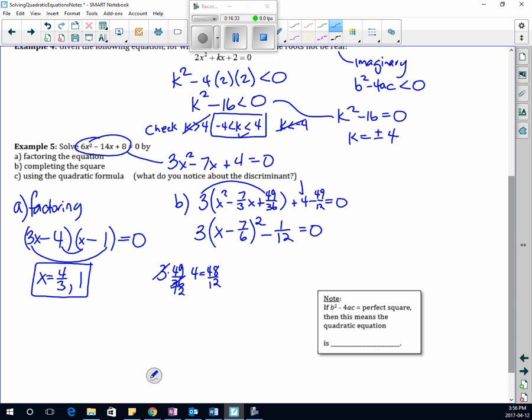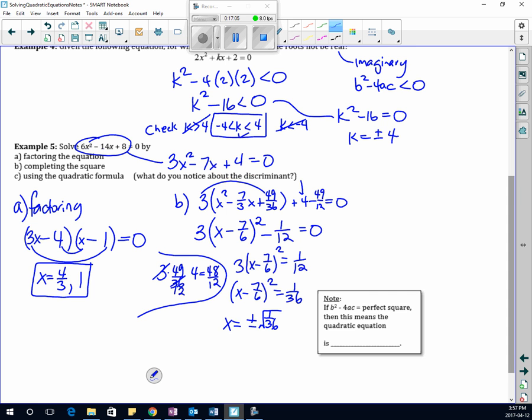Now I still have to solve, so I've got to move the 1 over 12 over. I'm just going to get this out of the way: 3 bracket x minus 7 over 6 squared equals 1 over 12. I'm going to divide the 3 over. Dividing by 3 is the same thing as multiplying by 1/3. So I get x minus 7 over 6 squared equals 1 over 36. I'm going to square root, so I get x minus 7 over 6 equals plus or minus the square root of 1 over 36.